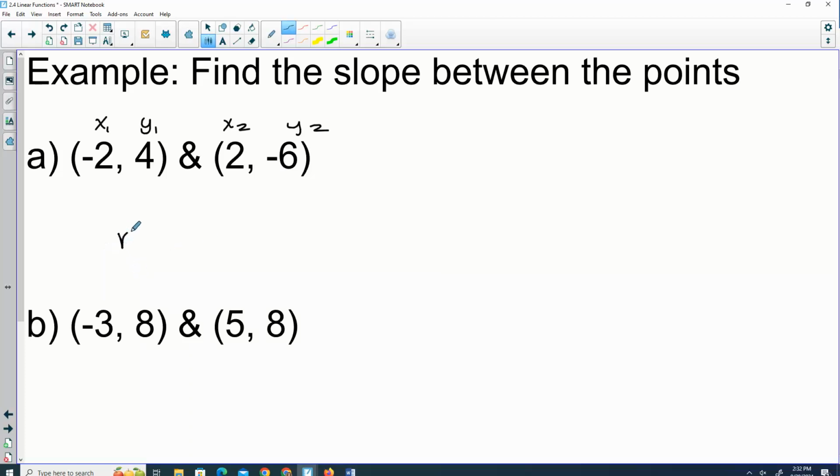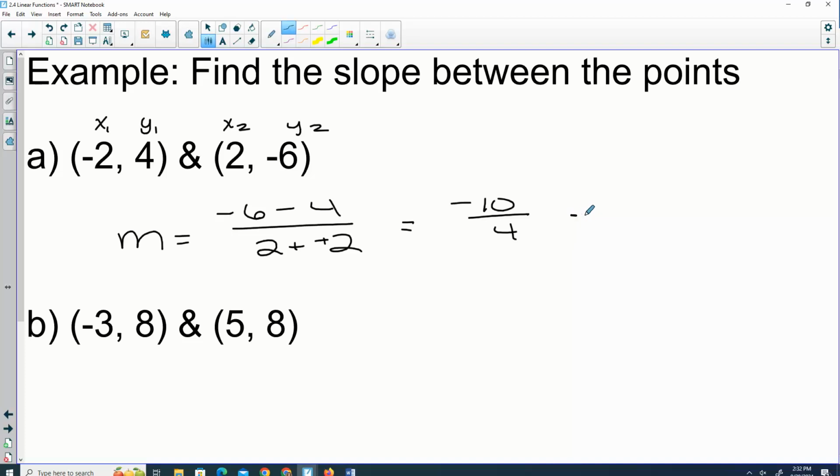So slope, y2 minus y1 over x2 minus negative 2. So we have negative 10 over 4. What does that reduce to? Negative 5/2.